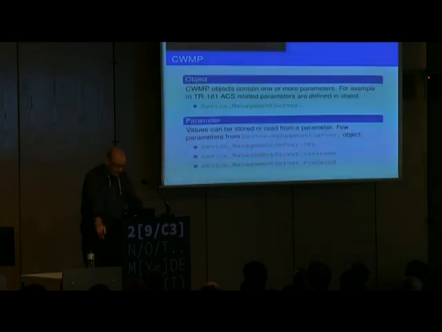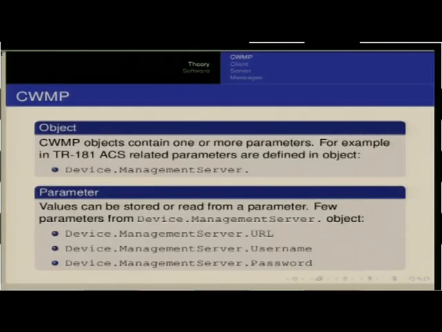Yeah, so what are objects and parameters? Objects contain parameters. Objects end with a dot, that is how you can easily recognize them. In parameters are stored values, and you can view or change the values.